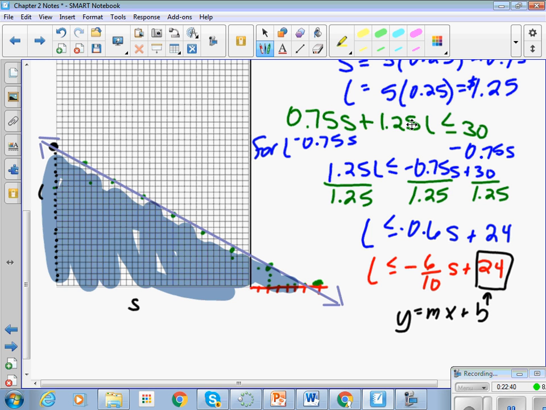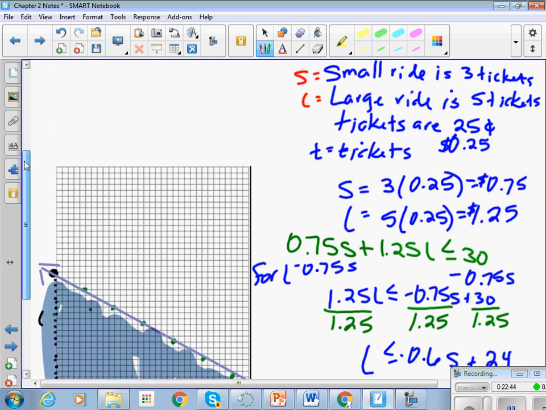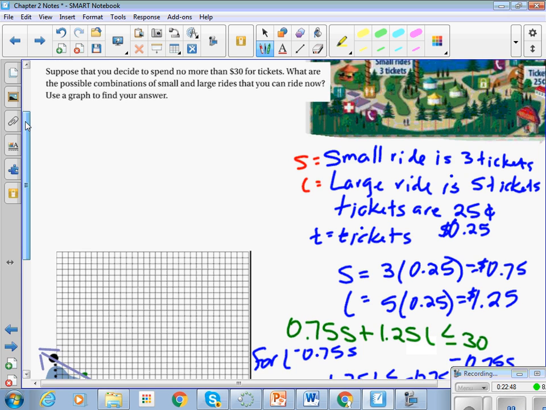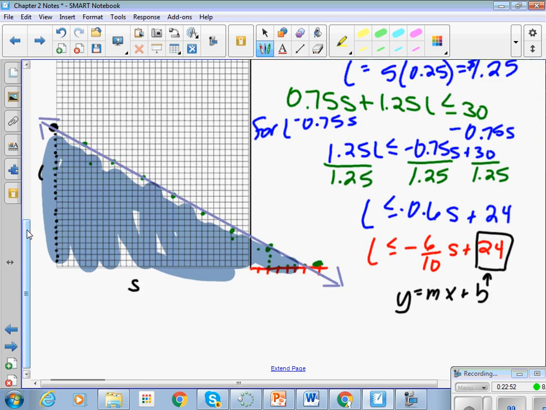So now that we have it shaded, let's go ahead and look at what the question is actually asking. It says, use a graph. What are the possible combinations of small and large rides you can ride now? Well, definitely none. No large, no small, right? So this point right here is a point.